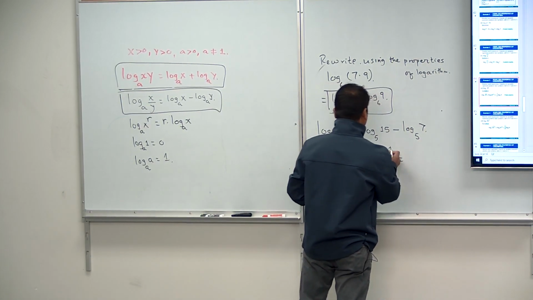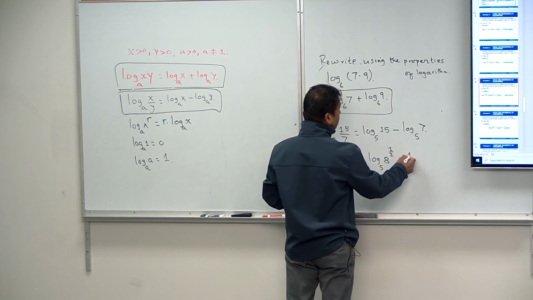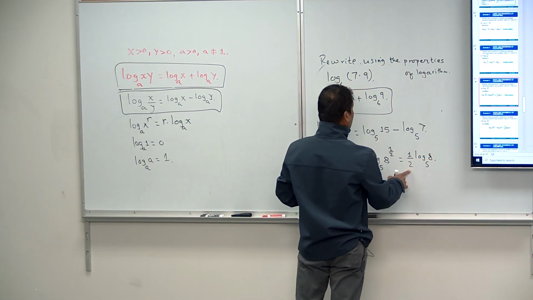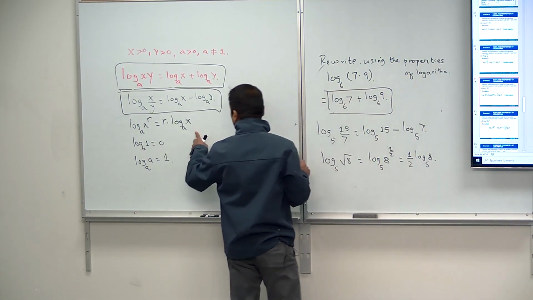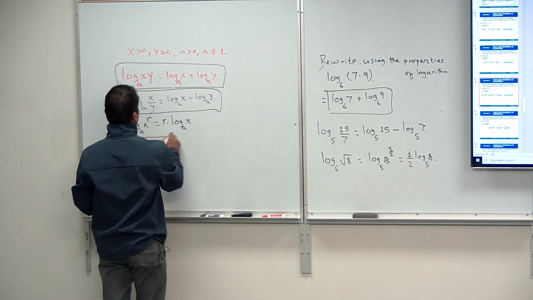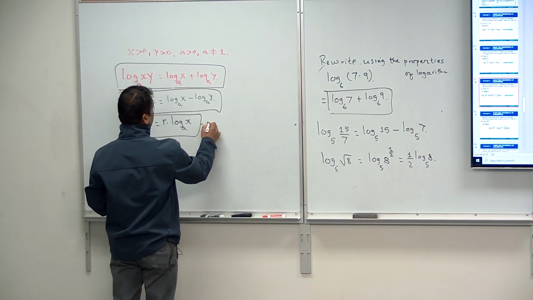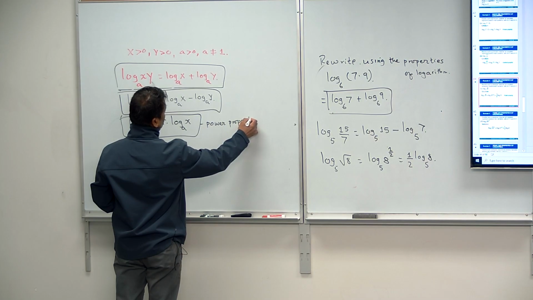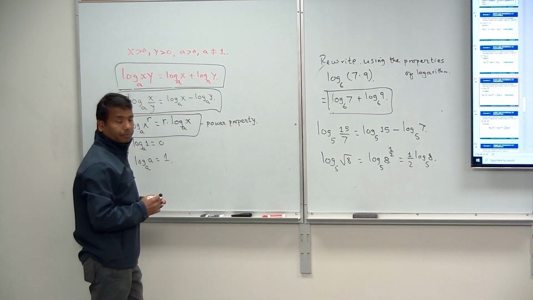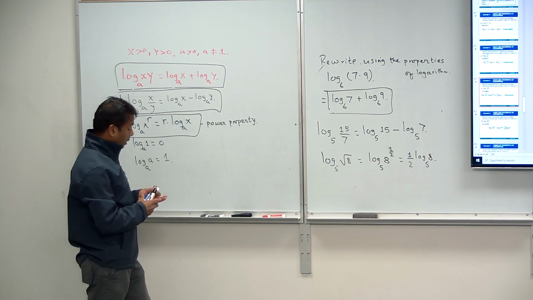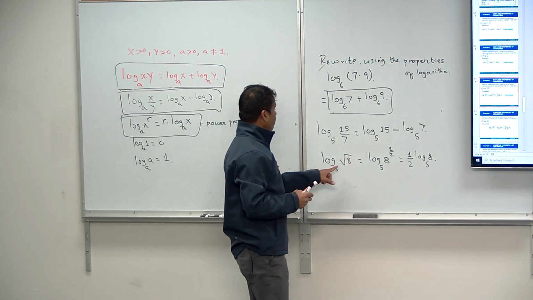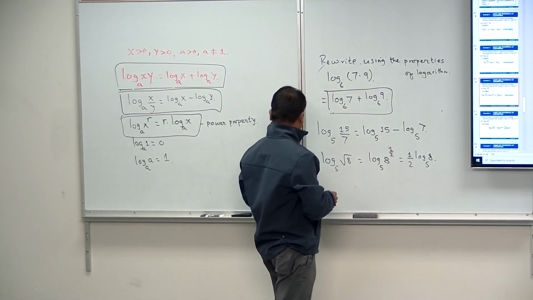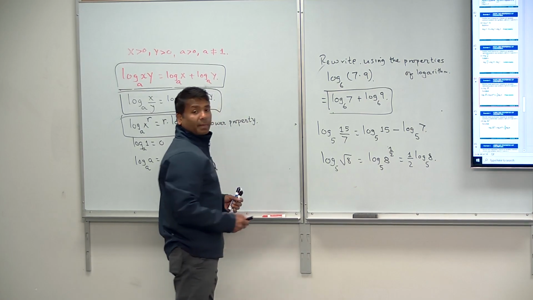And now you can pull this 1/2 out front. So this is the same as 1/2 times logarithm with base 5 of 8. This is from the power property. That makes sense?